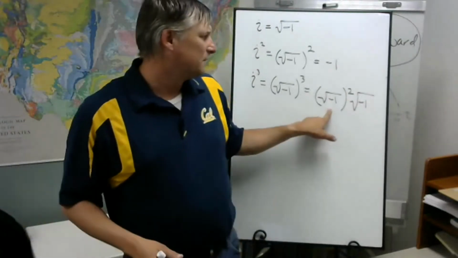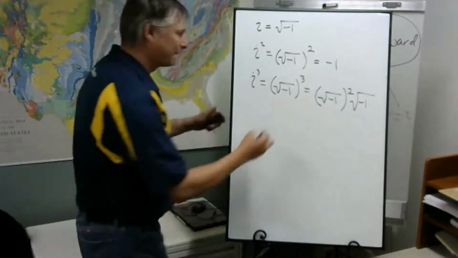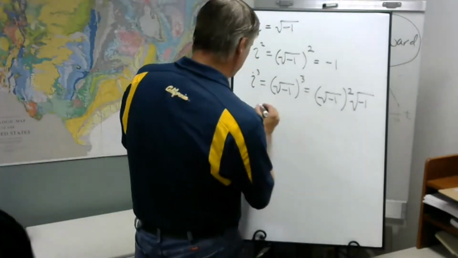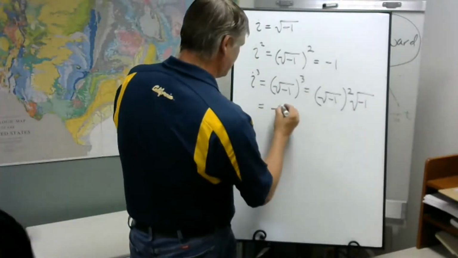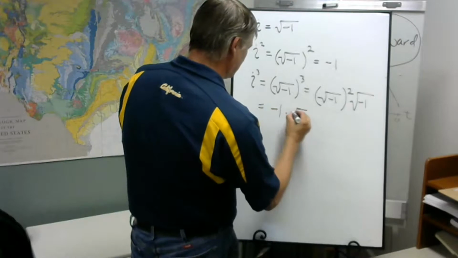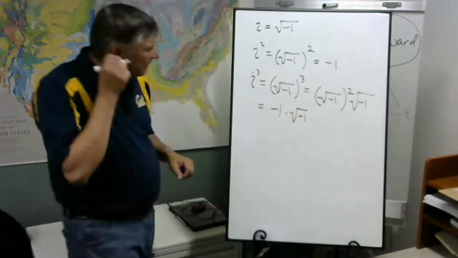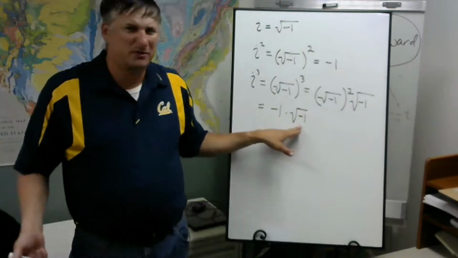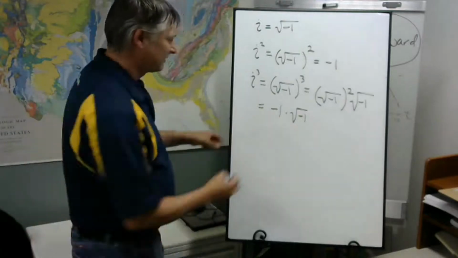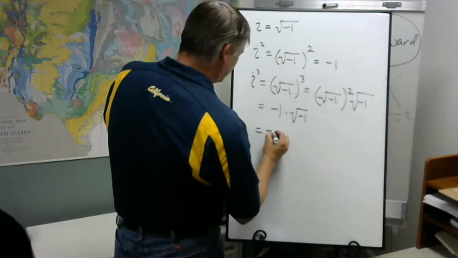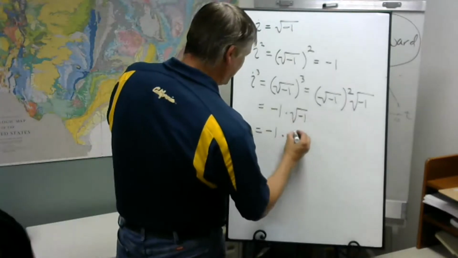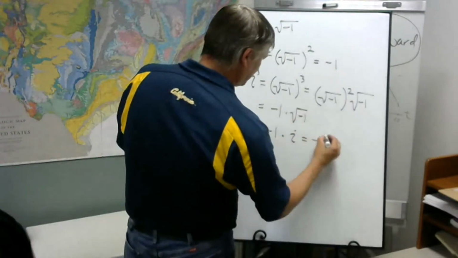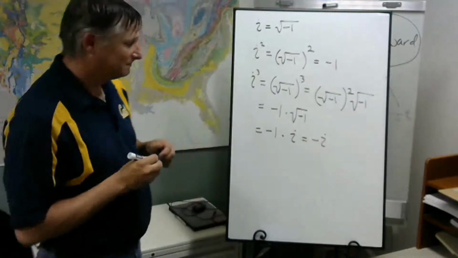But we know what this is, that's going to be just -1. And the square root of -1 is just i. So this will be -1 times i, or -i.